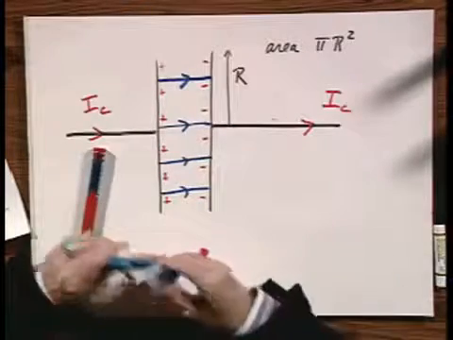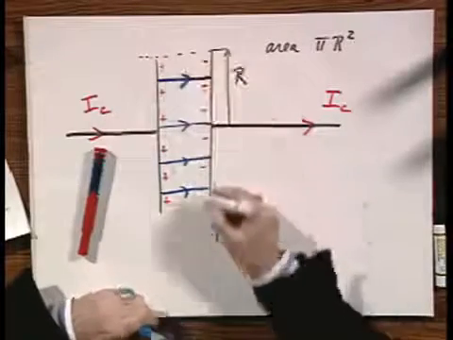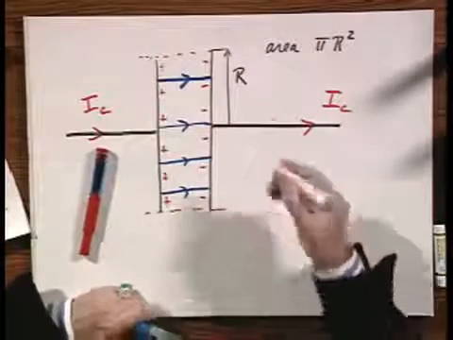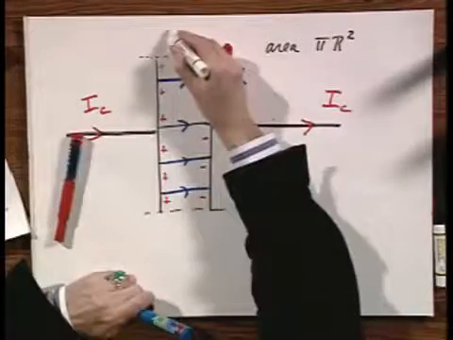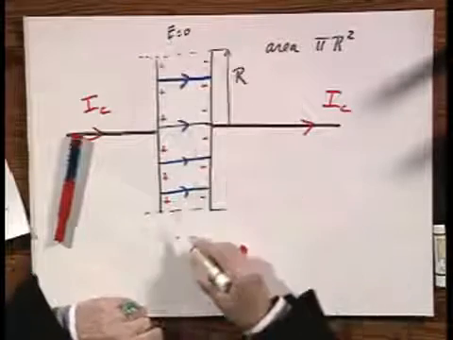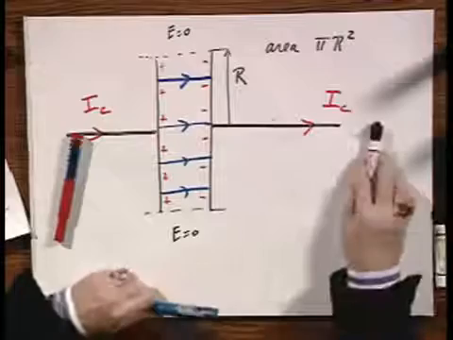We will make a simplified assumption that the electric field is constant between the capacitor plates. It's not true, but it will be our assumption, and that E outside the capacitor equals 0. We'll make that assumption.